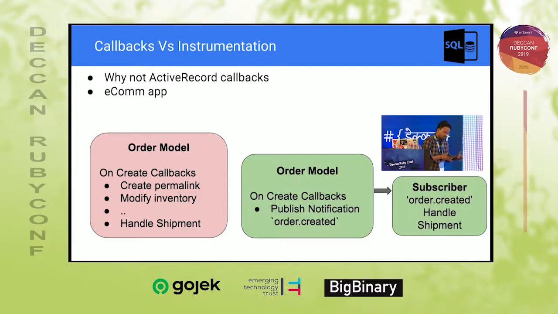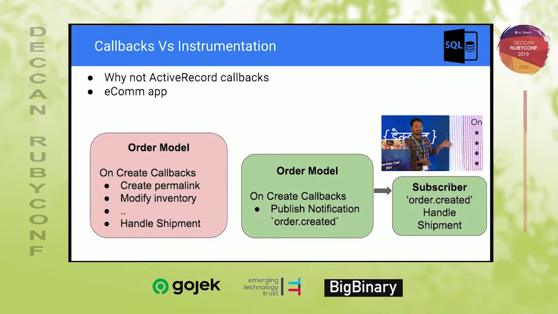One may come up with a very logical argument at this moment: if there are callbacks, why use instrumentation? This is in line with the philosophy of Rails. There are multiple ways to do a single thing. For example, let's consider an e-commerce example. There is an order model. Whenever an order is created, you need to create some links, modify inventory, and also there is the shipment handling part.